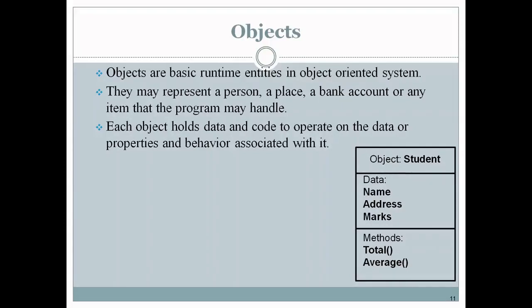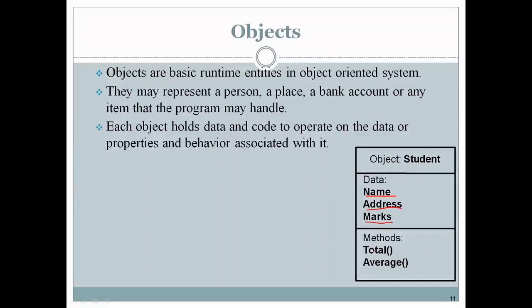So this figure is a typical notation used to represent objects in an object-oriented system. The name of the object is student, and the data members which are associated with this object, you can say properties of this object, are name, address, marks.